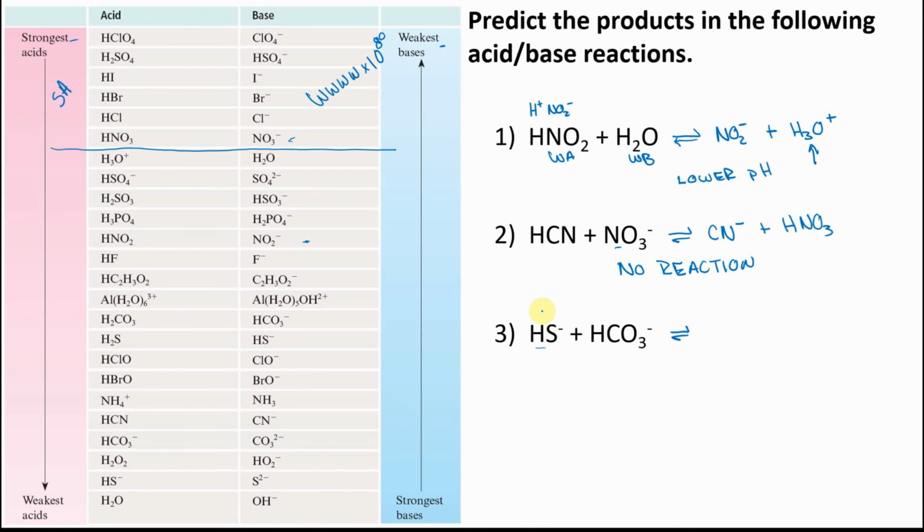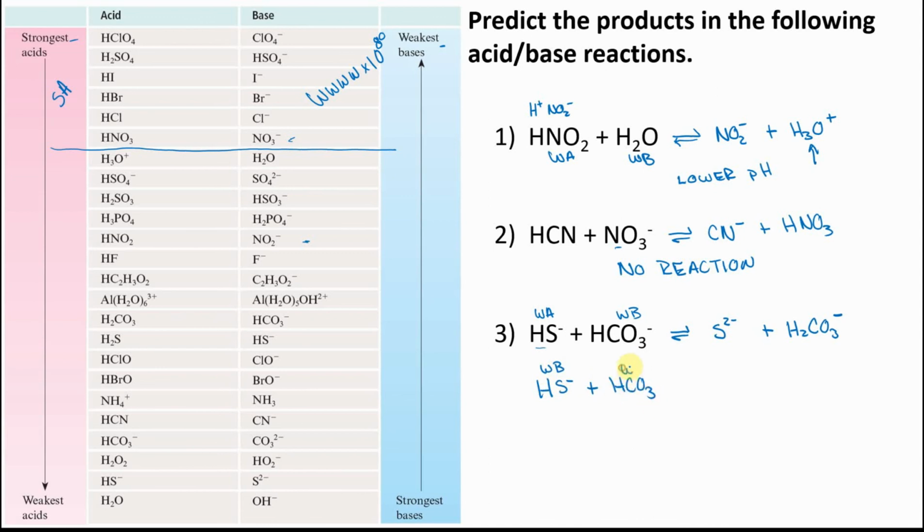I'll make this first my weak acid and my weak base. If I do that, what do I get? My weak acid is going to give up a hydrogen, so S2 minus, plus my weak base is accepting it. So now I have H2CO3 minus. What's the other reaction I can write? I can do the same thing, but call this my weak base and this my weak acid.